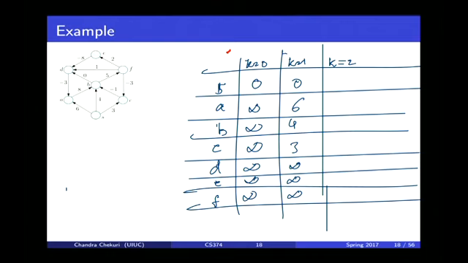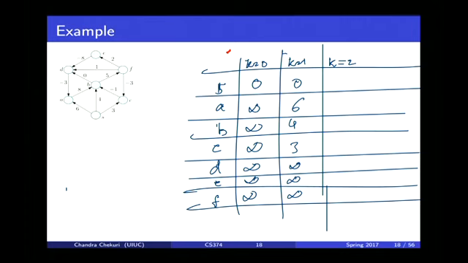And from that I take the edge length, that will give me the shortest walk of length 1. So for A, the length of the walk of 0 edges from S to itself is 0, plus 6, so I get 6. For everybody else it is infinity plus whatever it is, so it is infinity. That's how we think.